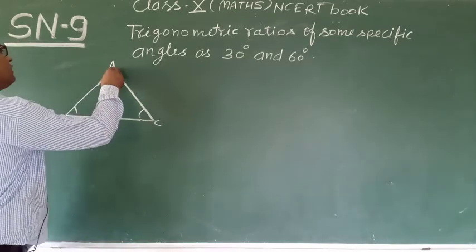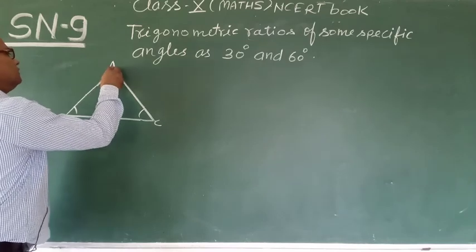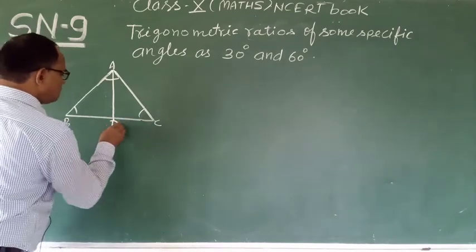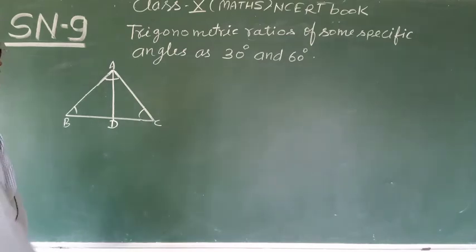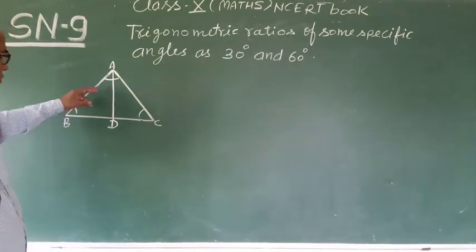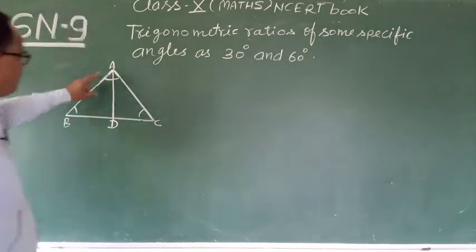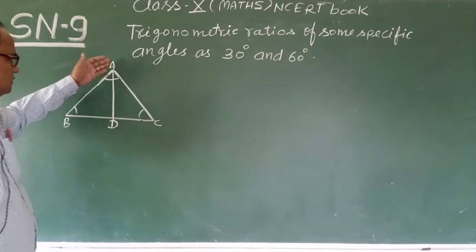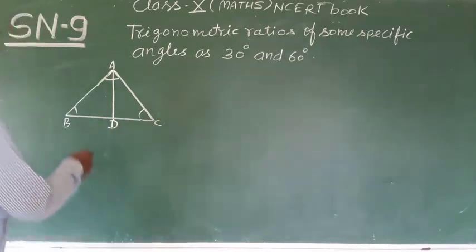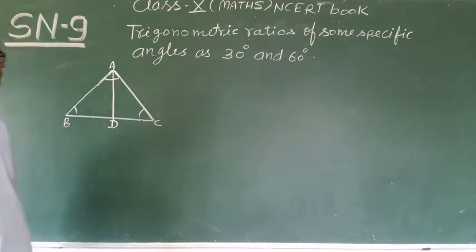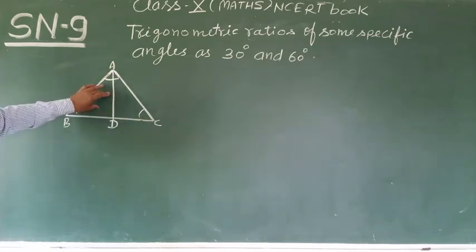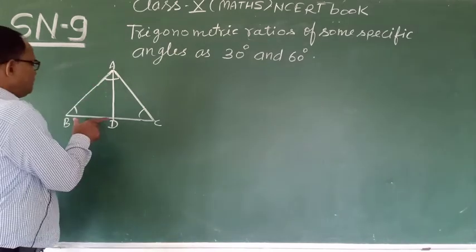Here we draw a perpendicular line from vertex A, which divides the front side into two equal parts. When we draw a perpendicular line from vertex A, the front side is divided into equal parts, because we can prove triangles ADB and ADC congruent, then BD is equal to DC.